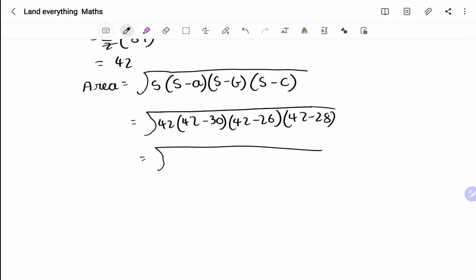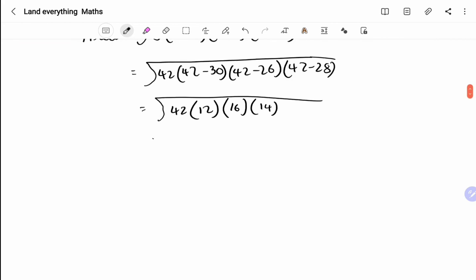By subtracting this, we will get 42 into 42 minus 30 is 12 into 42 minus 26 is 16 into 42 minus 28 is 14. And to find the root of this, I will convert it into simpler numbers.